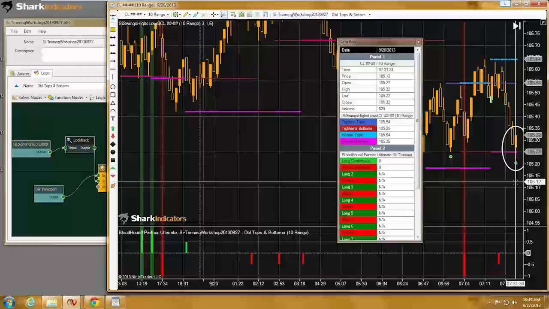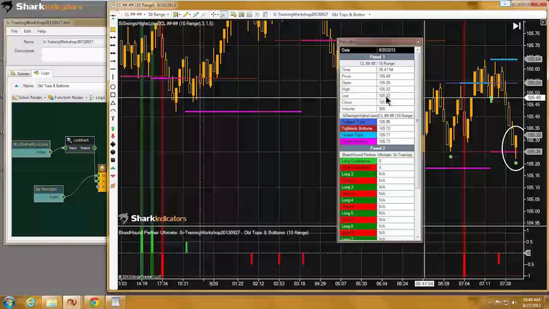$105.22. Although I know from debugging code that the prices that come in don't always round off to the instrument's tick price. The price that actually came in could have been 21.9, so 21 cents and 0.9, even though NinjaTrader is rounding it to 22 cents.